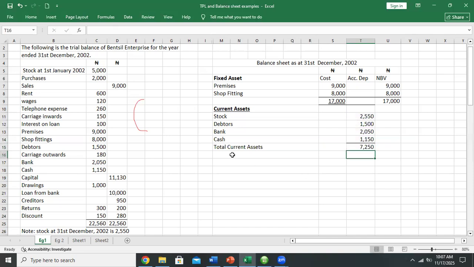Then the next thing is to look for your current liabilities and deduct it. So less current liabilities. Okay, so professors, we will continue with the current liabilities when we zoom into the second session. Please let's all join the second session and we'll continue from there. Thank you very much.